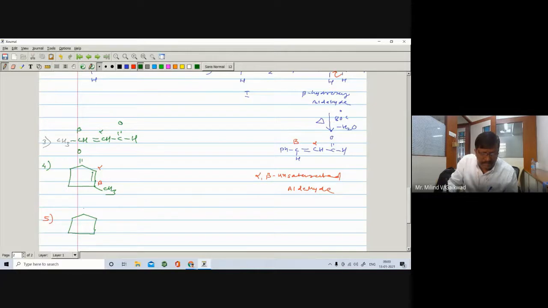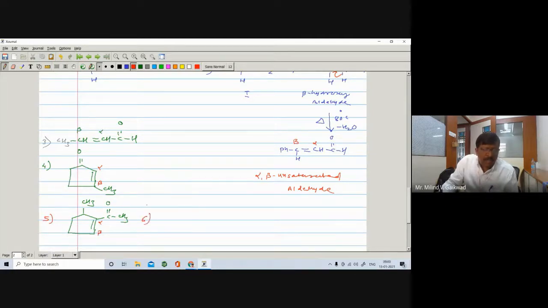Here is a CH3, here is a CH3, here is a pi bond, here is a C double bond O and CH3. So again here is the alpha carbon and here is the beta carbon, an alpha beta unsaturated carbonyl compound. So again you have to add water and then it undergoes disconnection.